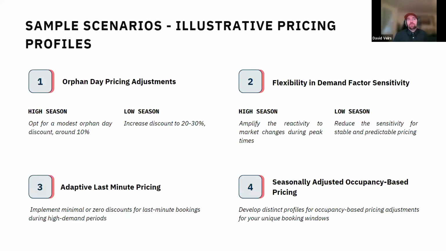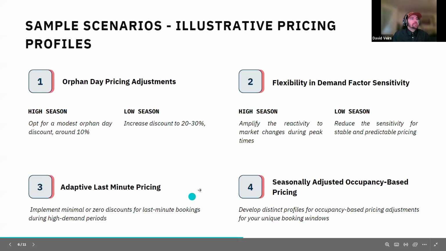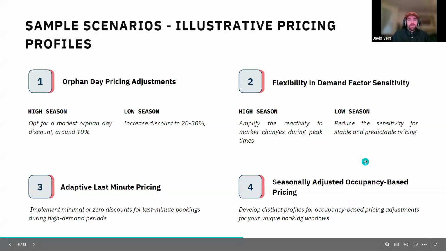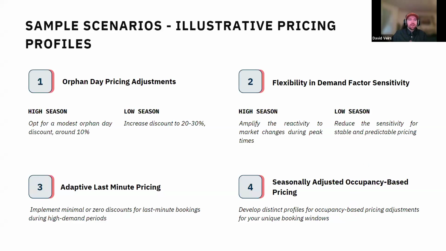Or demand factor sensitivity: in high season, you might amplify the reactivity to the market, and in low season, you can reduce that sensitivity. Last minute pricing, we talked about that as well, but maybe you want to be more aggressive in your off season. And then the occupancy-based pricing, we'll come back to what that is by itself later on.